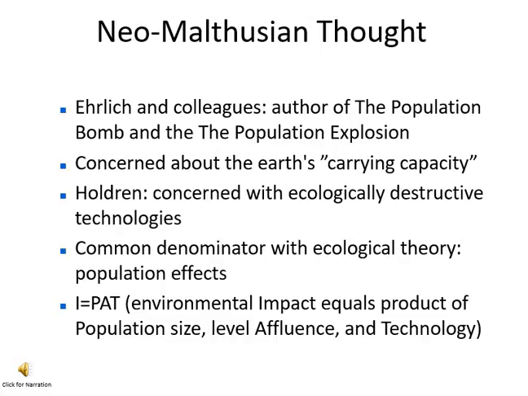Ehrlich wrote The Population Bomb, and later The Population Explosion, and pointed to this idea of the carrying capacity being overshot. The idea that there's a limited number of resources on the planet, it's a finite Earth, and we're outrunning the capacity of the Earth to support the population explosion that is unfolding.